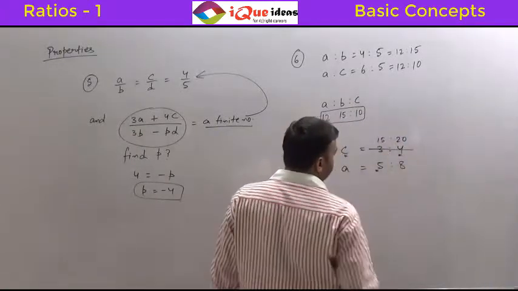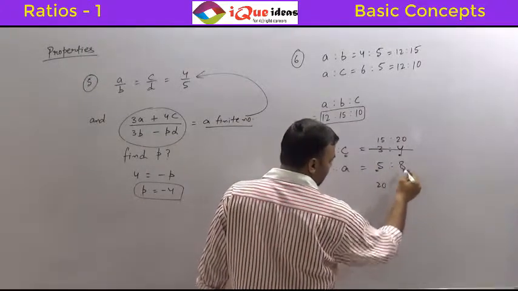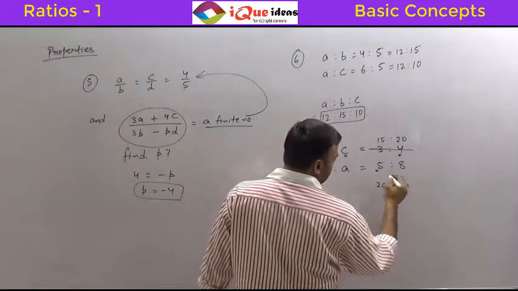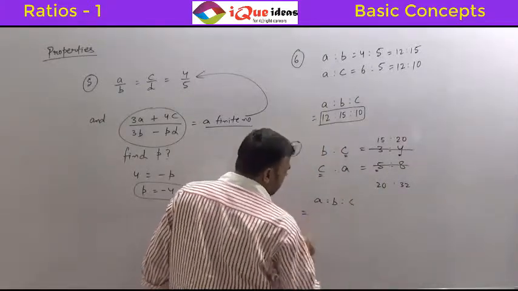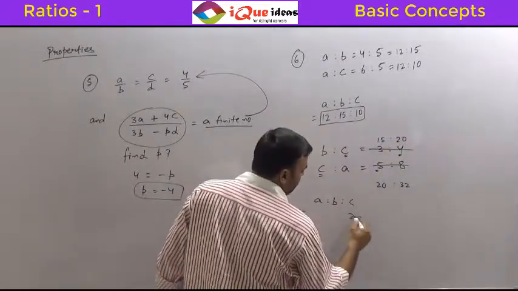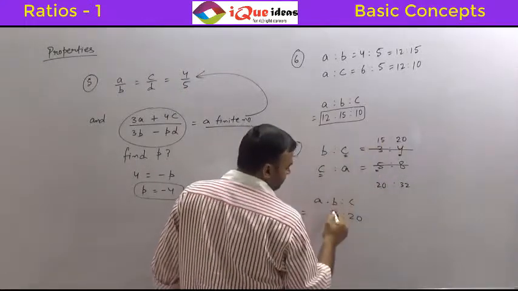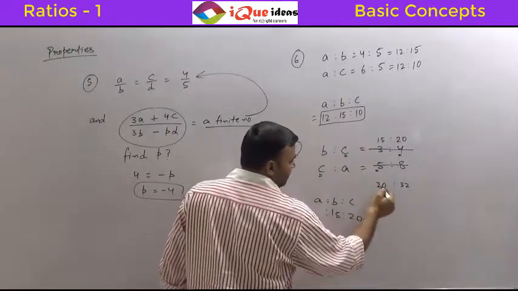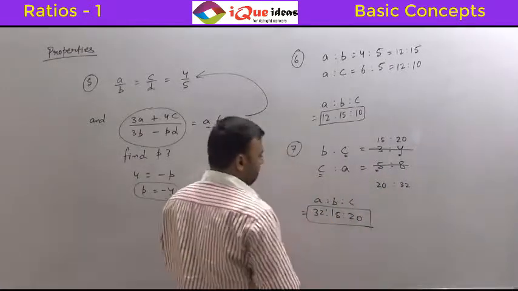So I'll remove this. Then similarly, if you want to make this 5 equal to 20, multiply by 4, so 8 multiplied by 4 is 32. So remove this. So the final answer A is to B is to C will be equal to, write the common number first, for C the value that we have got is 20. Now when C is 20, B has to be 15. And when C is 20, A has to be 32. So the final answer is 32 is to 15 is to 20.